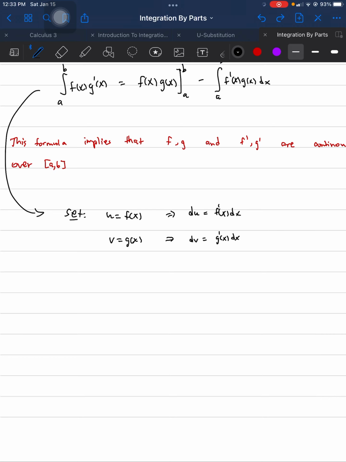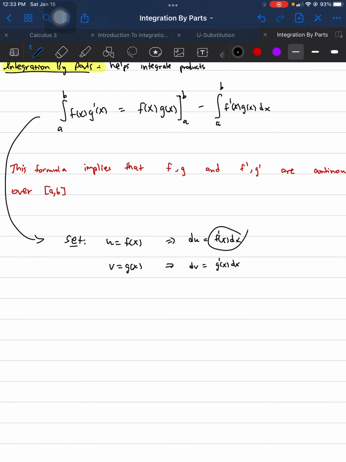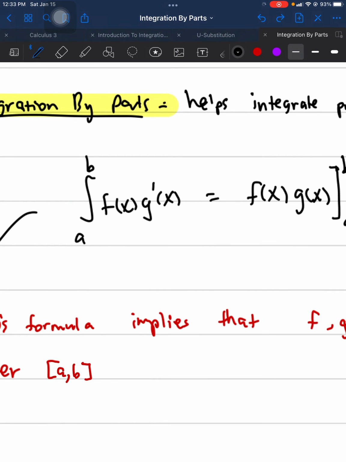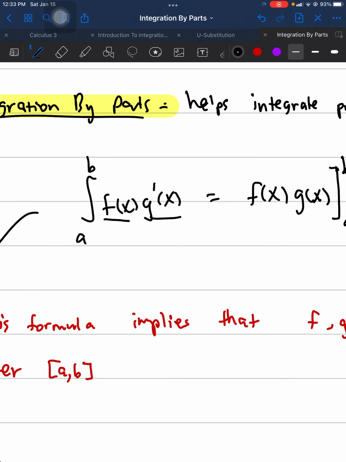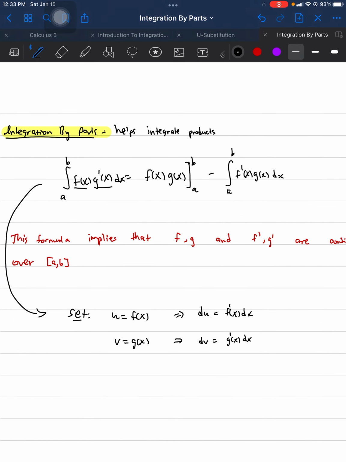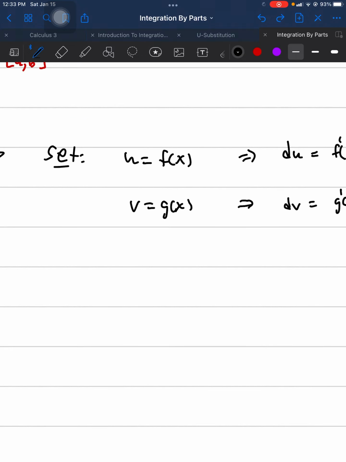What we can basically do now is we have all of these terms in the original formula. All we need to do is just plug in. So we know on this side right here, we have f of x and g prime of x dx, from a to b.